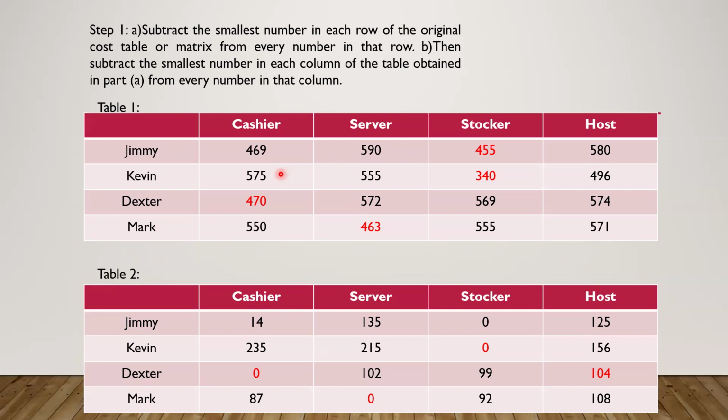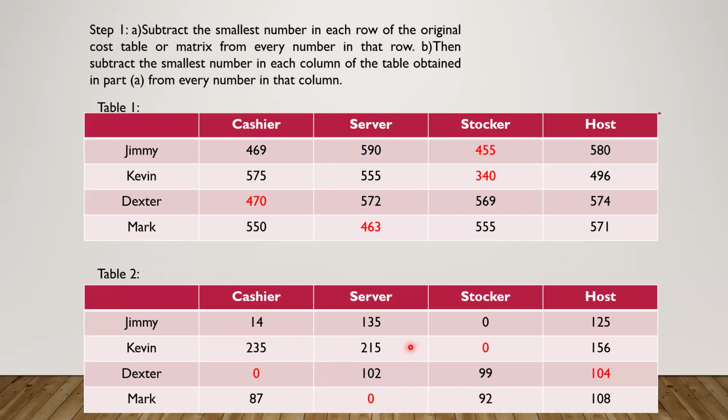Fourth row, 572, 569, 574 subtracted by 470. In the last row, 550, 555, and 571 is subtracted by 463. So in this table 2, here are the subtracted numbers.